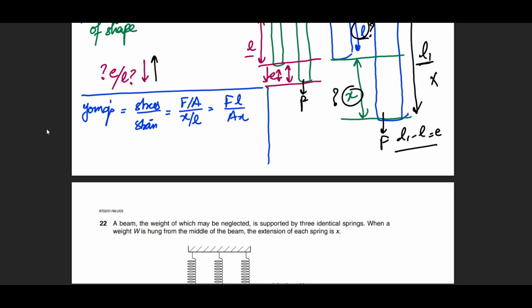Of course, we know from algebra this L is going to go up, and A is going to come down and get multiplied with X. Okay, so this is what it comes down to, FL over AX. It just gives you a ratio between stress and strain, how much force it can sustain for that respective area, and how much it will change its shape. Okay, this is what the understanding of Young's modulus will be.